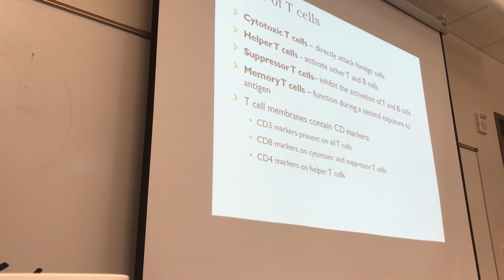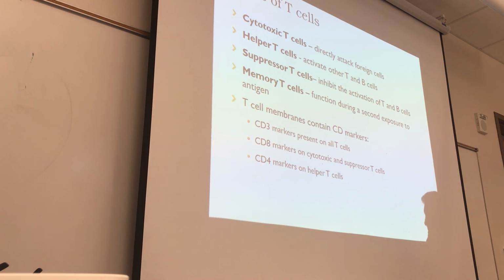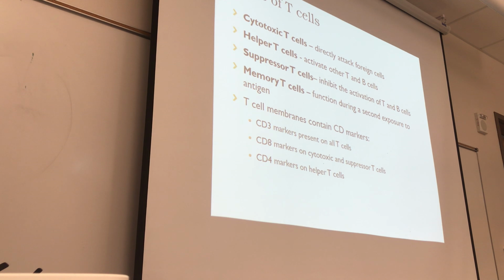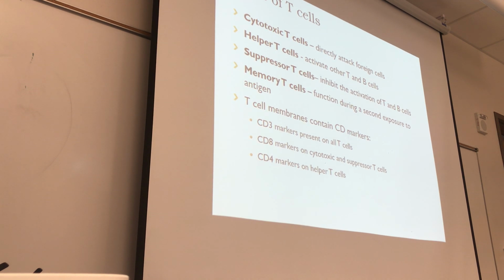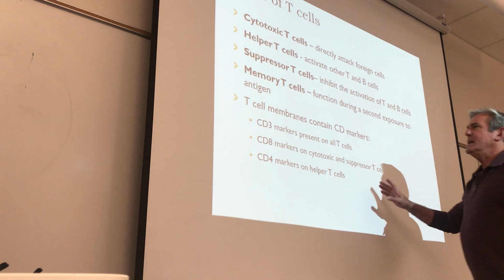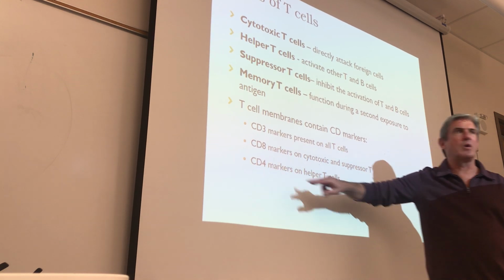An additional marker called the CD8 is found specifically on the cytotoxic T cells and the suppressor T cells, because they have jobs of destroying. And the CD4 marker is found specifically on the helper T cells. I just introduced this because you're going to see this term in reference to what? CD4.